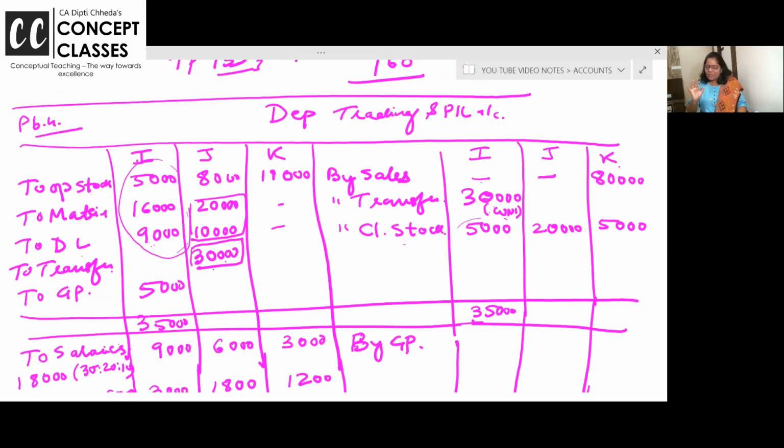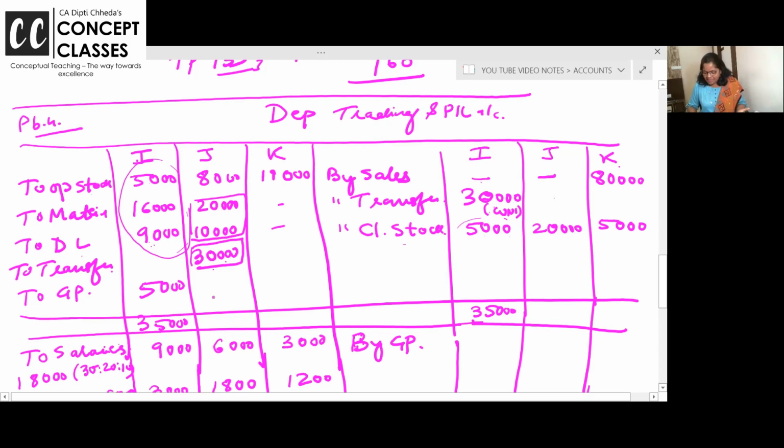Just understand, look at the screen. Again, same thing for J. Transfer is also missing. GP is missing. Can we do it together? Here it is given. J is transferring to K at 20% on sales.